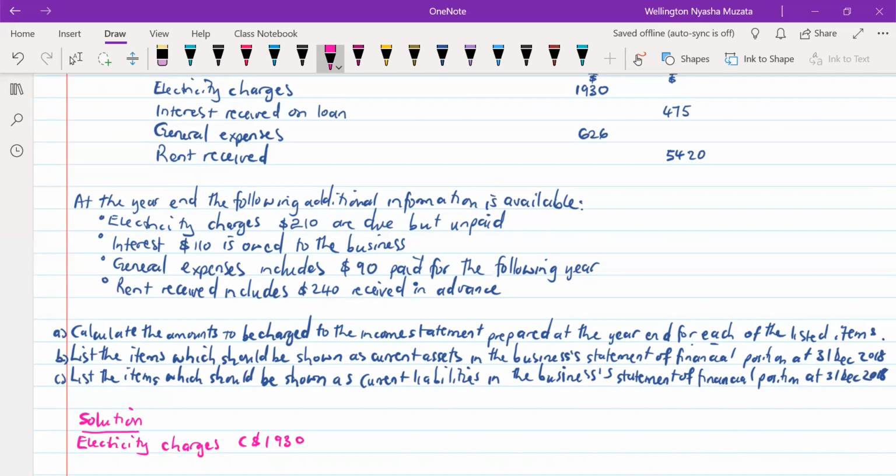But to that, we need to add the $210 that had become due but had not yet been paid. Accruals concept, we're supposed to add because it is accrued in this accounting period. So 1,930 plus 210, we have 2,140 written under operating expenses.